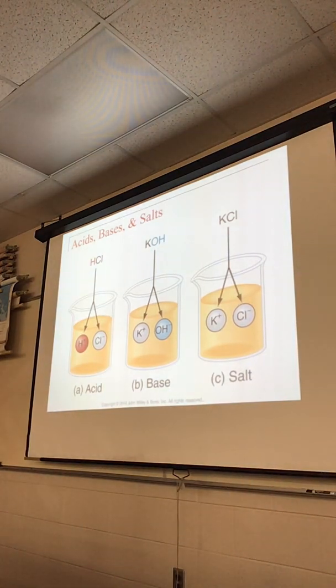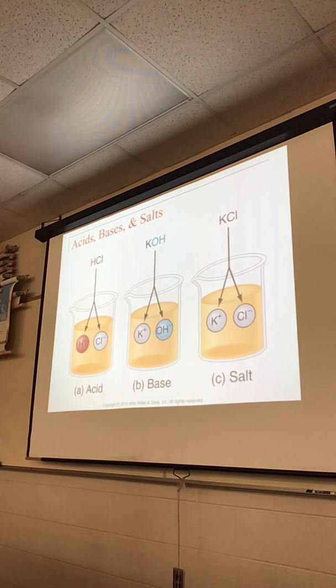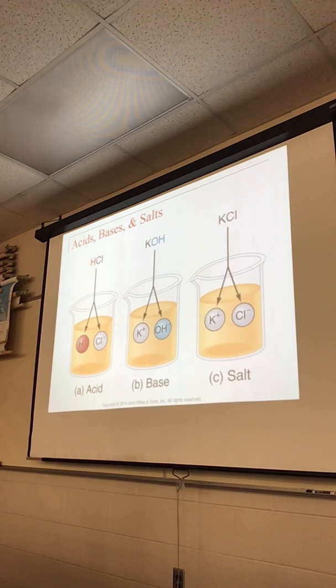They have a name. It's called hydroxide ions. So you'll use this through A and P. Anytime you see an OH negative here, that's called a hydroxide ion.